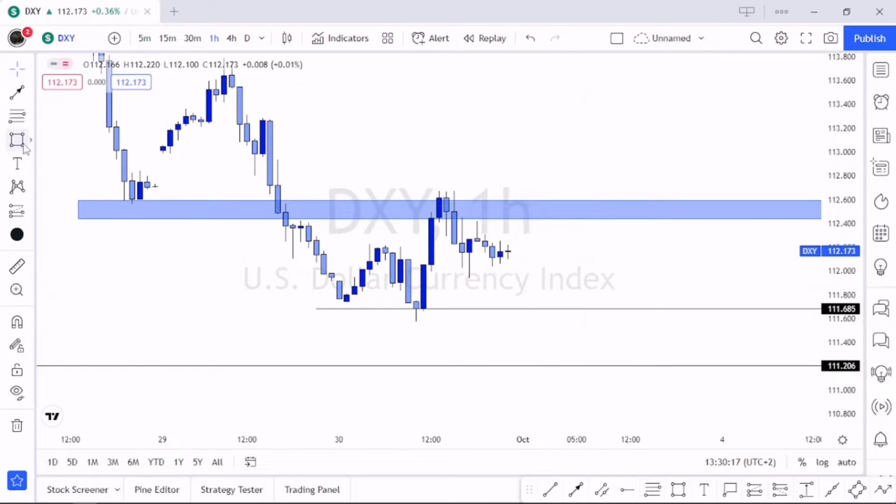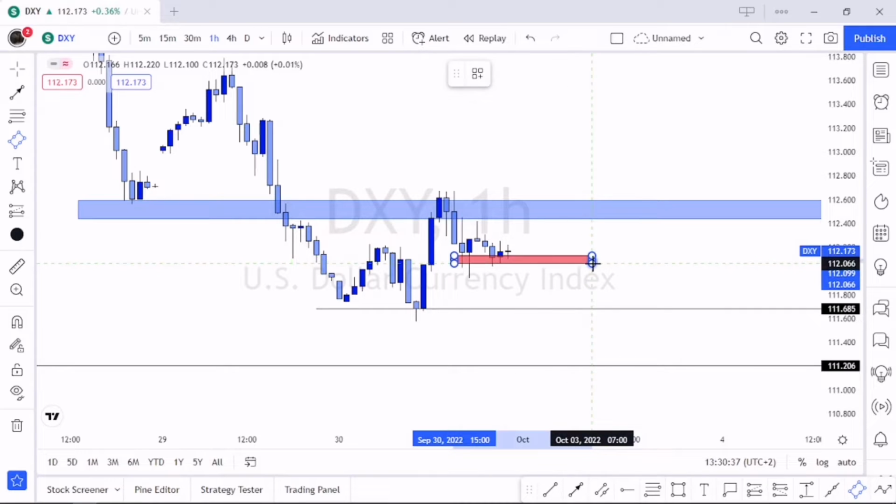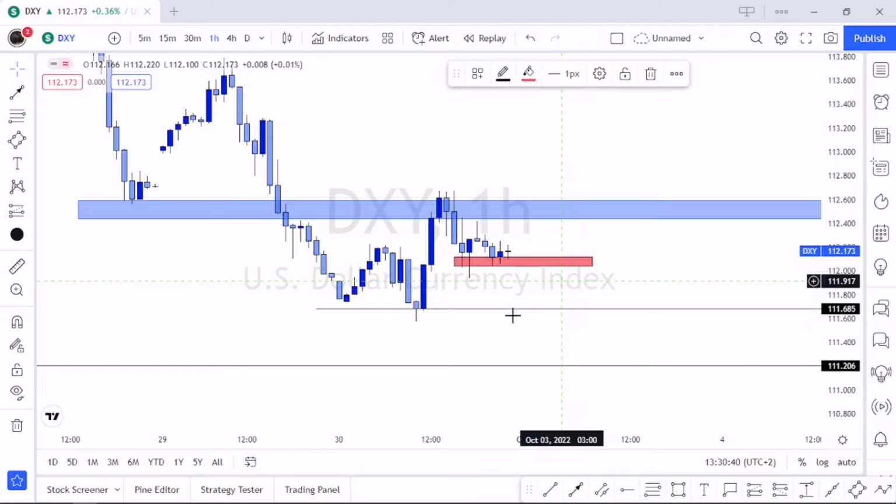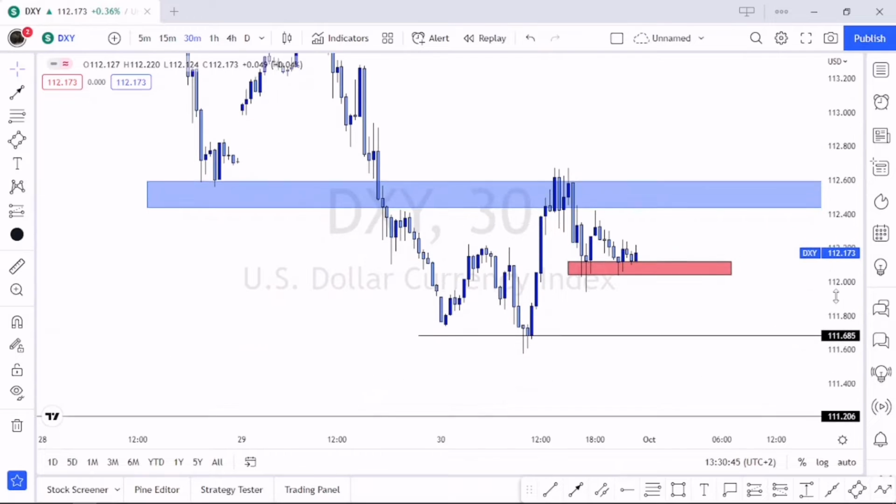So anyway, scaling down to a lower time frame, you can see that price did react to this retest level right here, and we're currently sitting at a support key level right here, which I'm going to mark off. And let me just scale down one more time. Okay, perfect.